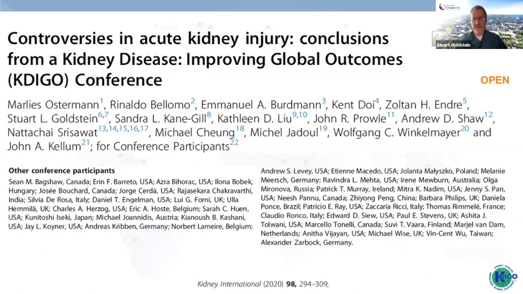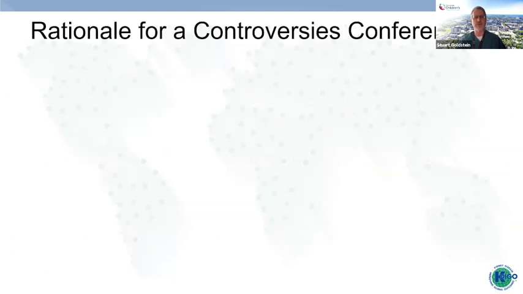One thing that I want to state, which was really important, was that as opposed to the 2012 conference, we had patient representatives, adult survivors of acute kidney injury, who really informed a lot of the perspective of this Controversies Conference. And I think that was critical to moving us forward.